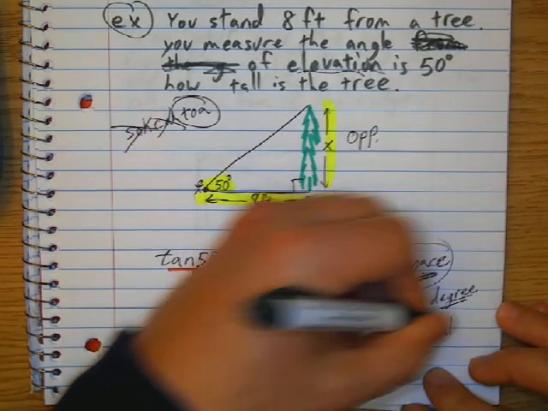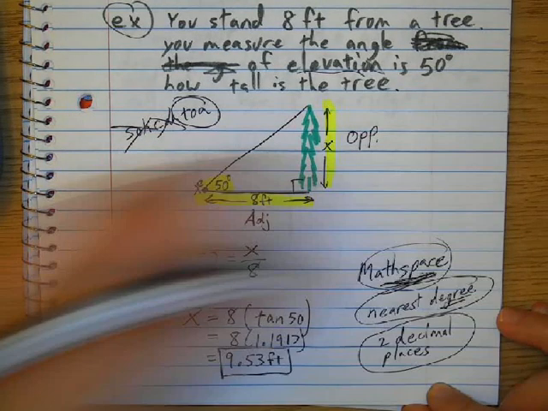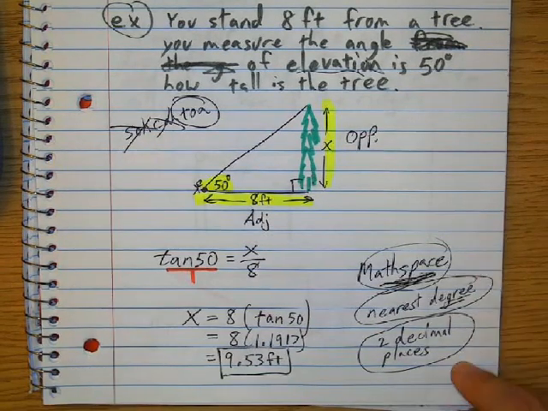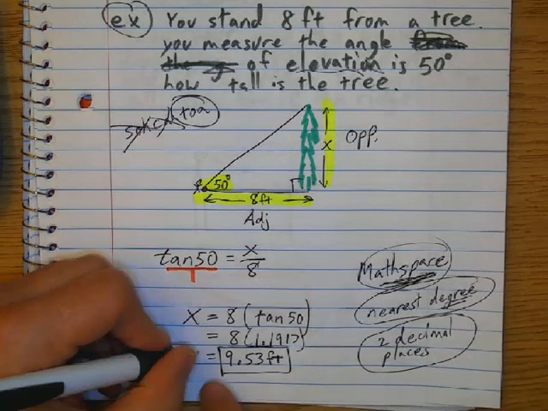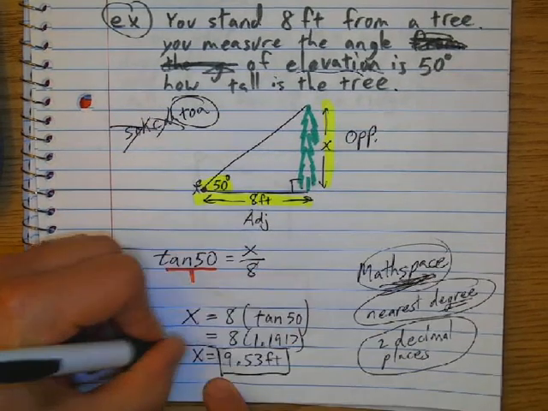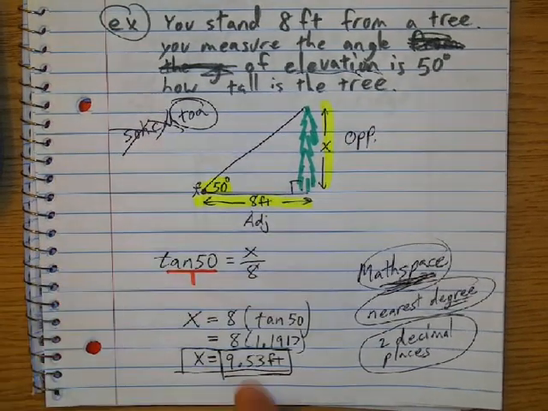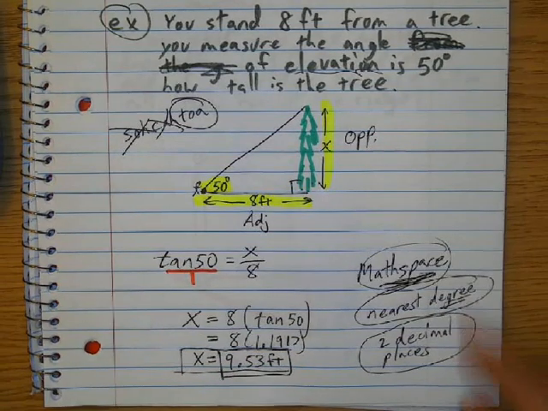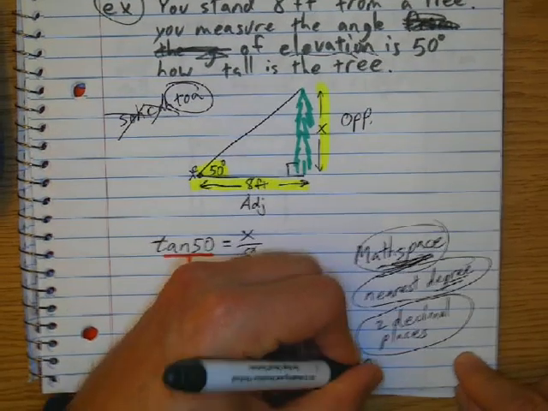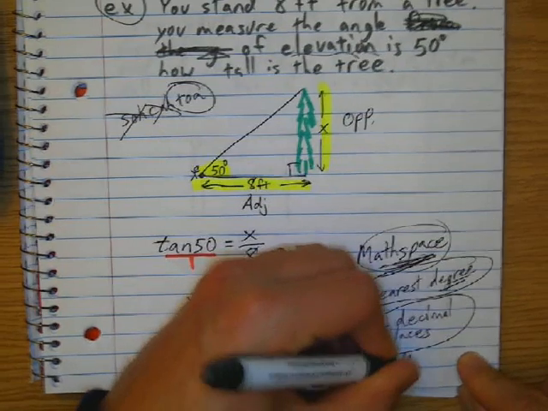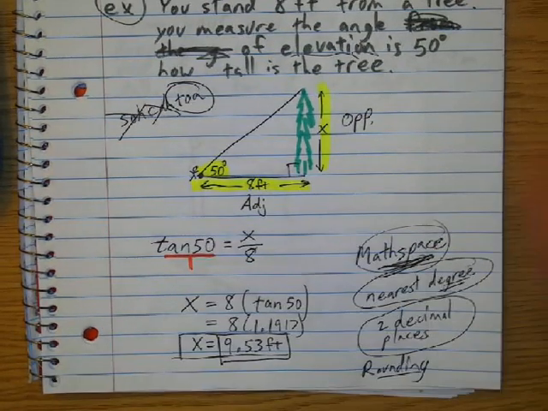So be careful what they're asking for, and you might have to write x equals and then the answer. Be careful with rounding. Okay, all right, let's do another problem.